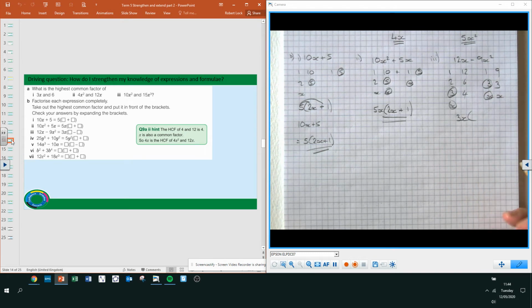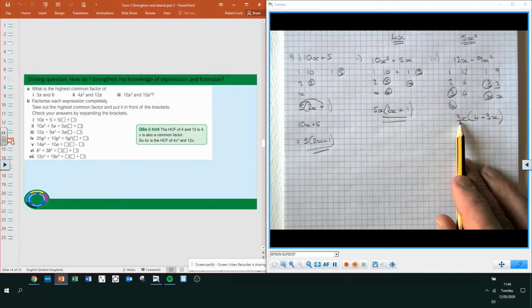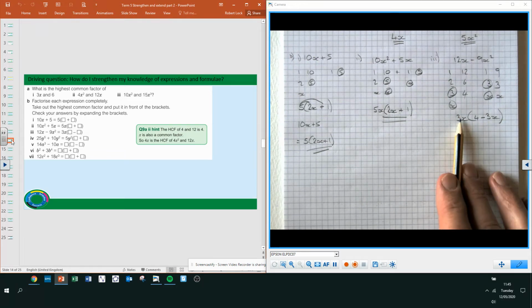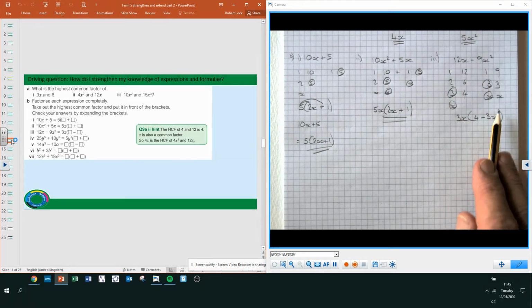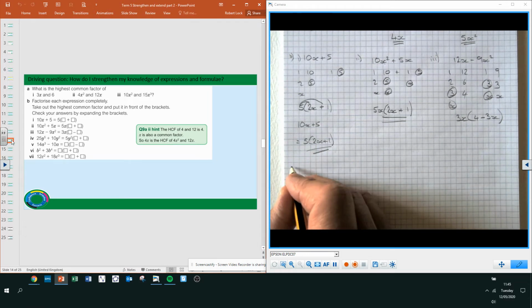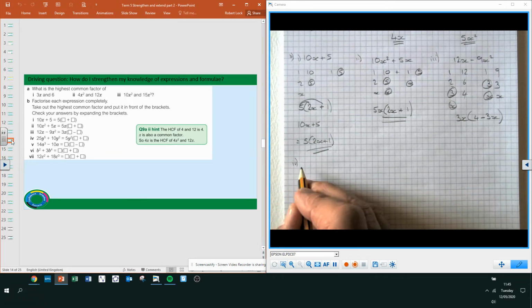Open the bracket, what's left? 4 is left. Any letters? No letters. Minus 3x. 3 times 4 is 12 with the x, so 12x, minus 3x times 3x, or 3 times 3 is 9, x times x is x squared. So there's the answer.